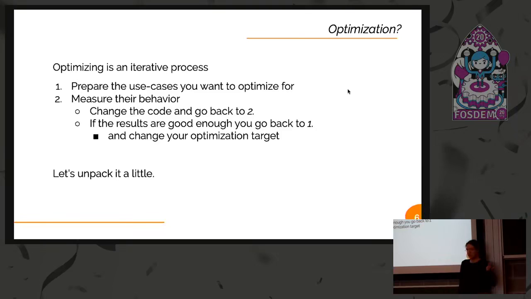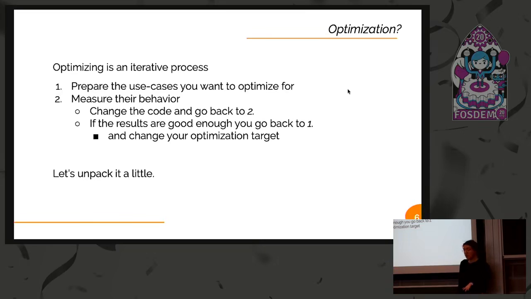You need to pick your target, what you want to optimize for. If you have multiple targets, it's better if you pick one or two at most at the same time. You iterate, you measure how far you are: how much time I'm spending in each function, and so forth, or how much memory I'm using, or what my bill is for this month.